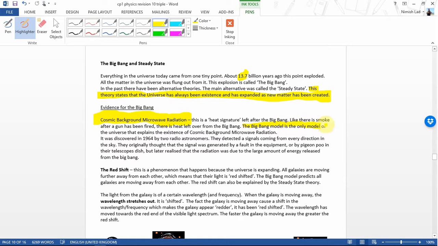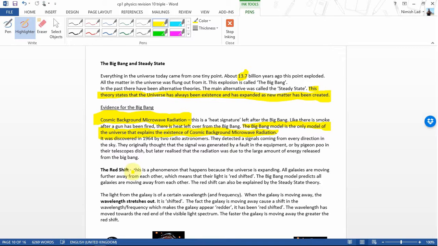It's microwave radiation that is coming from every single direction in space. Originally when people discovered it, they thought it was a fault, but now they know that it wasn't a fault. That actually is microwave radiation coming from every single direction of the sky.